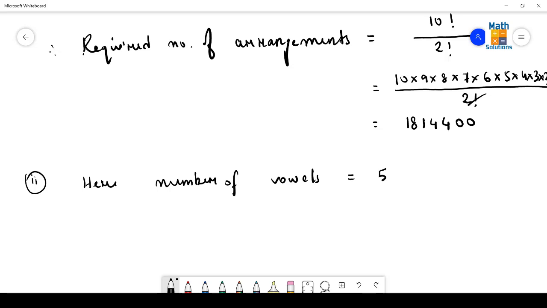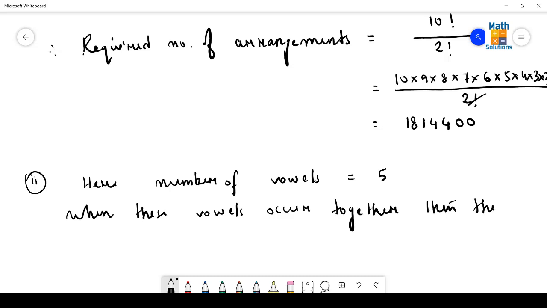When these vowels occur together, then these are together considered as one letter.